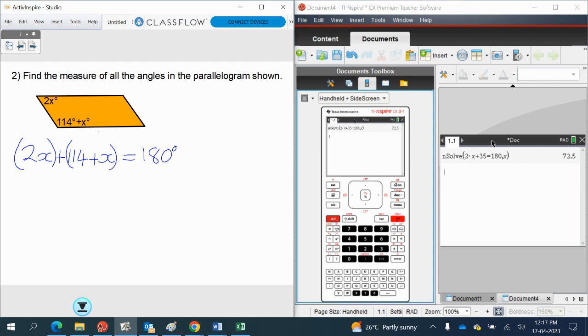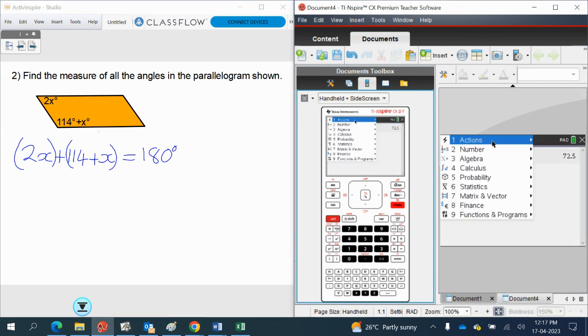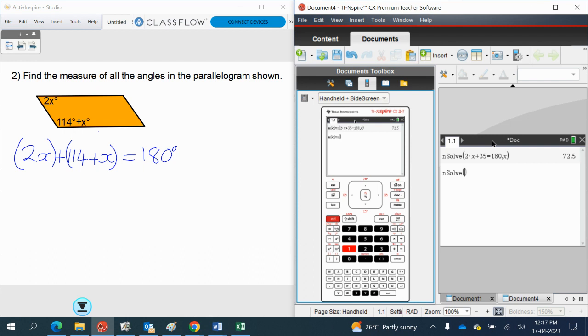Put this into the calculator at this point, menu 3-1 using nSolve. We have 2x plus 114 plus x equals 180 degrees, comma, solve for the variable x, 22. This implies x equals 22.